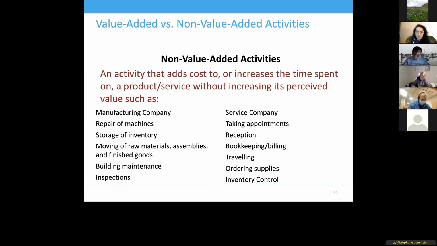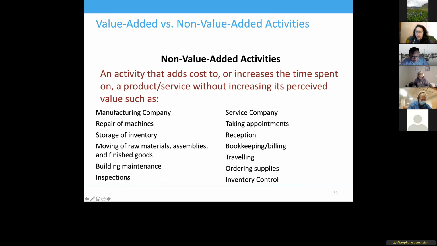But it doesn't add value to that product. It doesn't make the watermelon sweeter. Maybe when you move it around, you make it even worse. I don't know. So you can see that moving raw materials or finished goods, those are the non-value added activity, right?